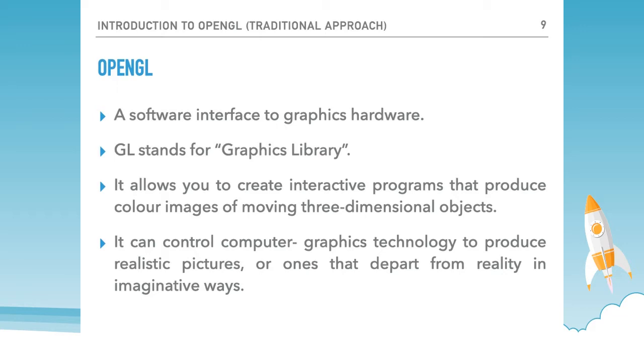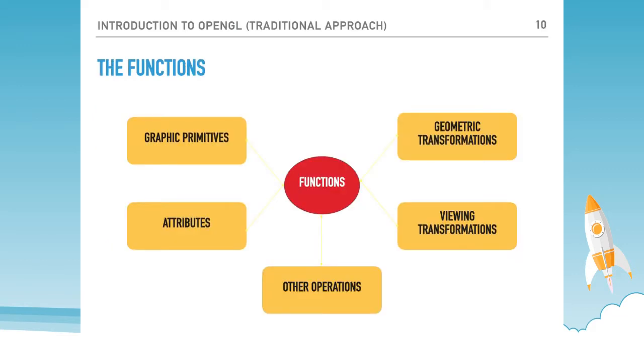It can also control computer graphics technology to produce realistic pictures or ones that depart from reality in imaginative ways. So as you can see, OpenGL belongs to the general purpose graphics package, and it provides the user with a variety of functions for creating and manipulating pictures.